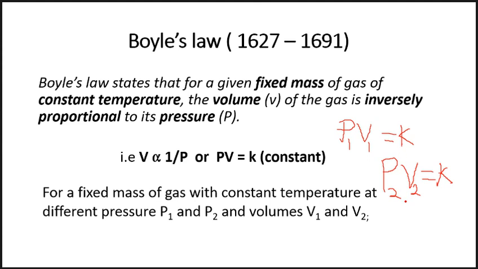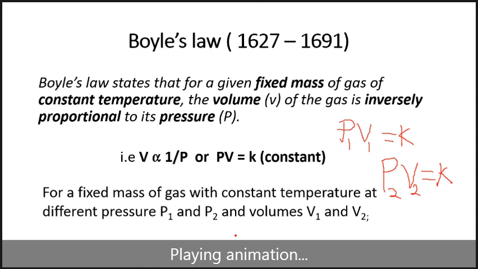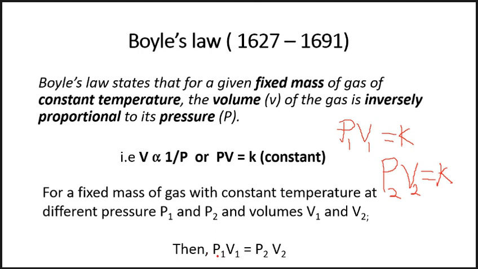If I do that, then I will end up getting P1 V1 equals P2 V2, because I'll be substituting this in here for K, and that will give me this.